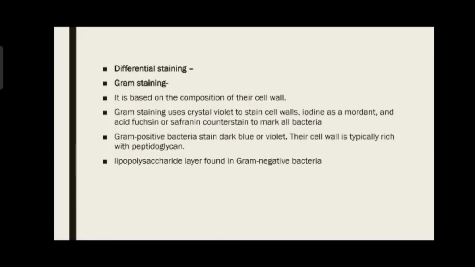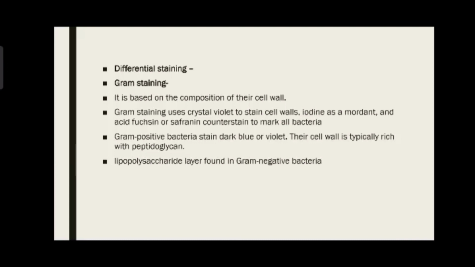Gram staining is based on the differences in the cell wall. So it is mainly based on the composition of their cell wall. Gram-positive organisms contain a cell wall that is made up of peptidoglycan, whereas in gram-negative organisms, the cell wall is mainly made up of lipopolysaccharide.